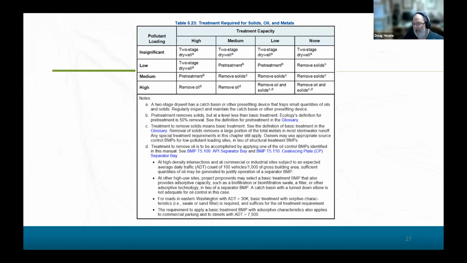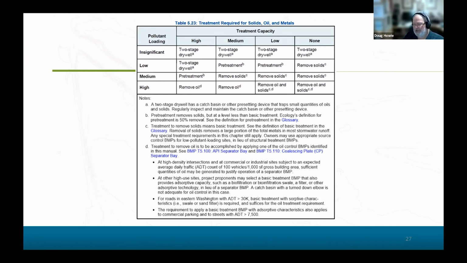The UIC allows treatment before going into the ground that is less than basic treatment. The permit does not allow that. If you're going to put water into the ground or into the surface waters, you must provide basic treatment if you're following the core elements. If you're following the UIC, you can get by with less.